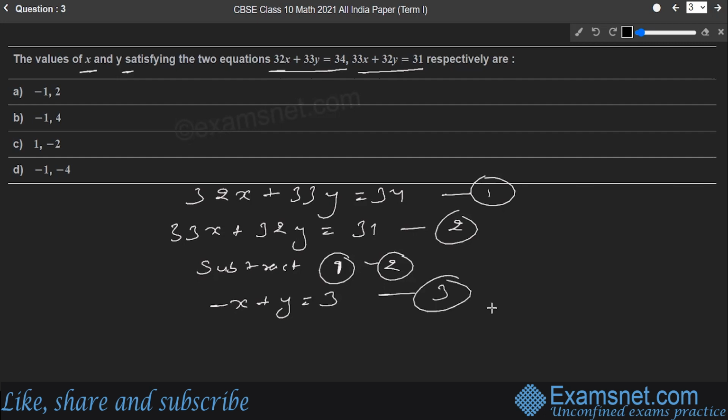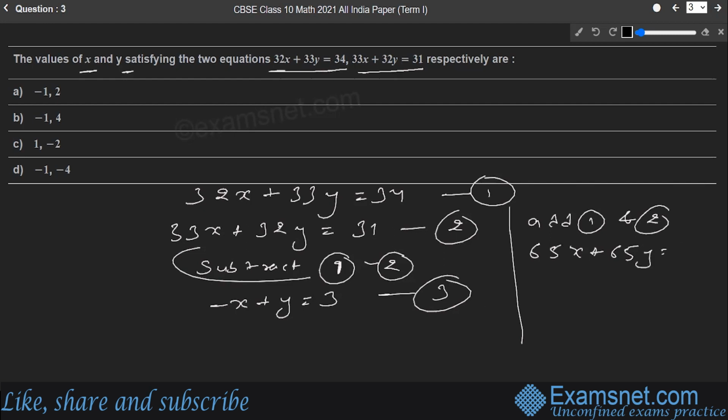Similarly, if we add equations 1 and 2, we get 65x plus 65y is equal to 65. We take 65 common, so the equation reduces to x plus y equal to 1. Let us name this as equation number 4.